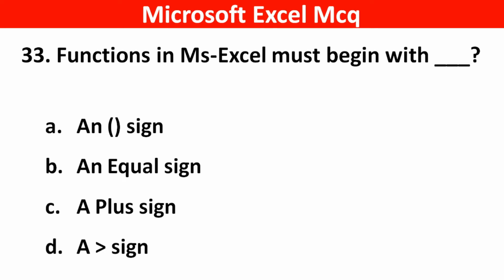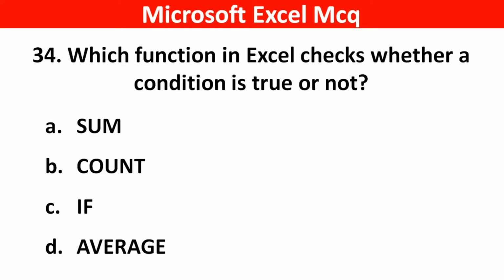Next question, functions in MS Excel must begin with dash dash. Right answer is option B, an equal sign. Next question, which function in Excel checks whether a condition is true or not? Right answer is option C, IF.